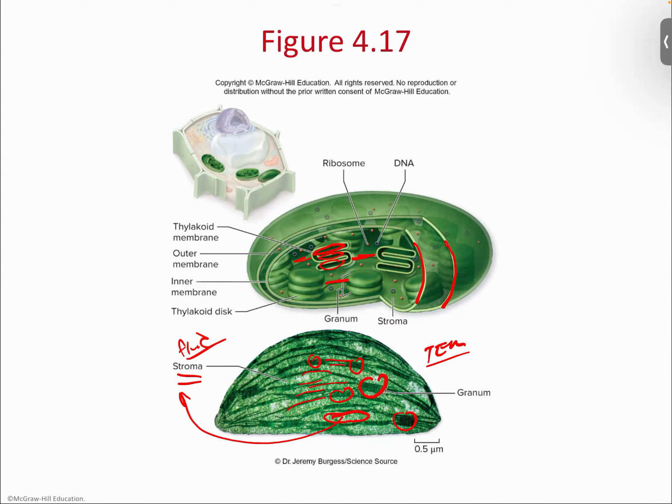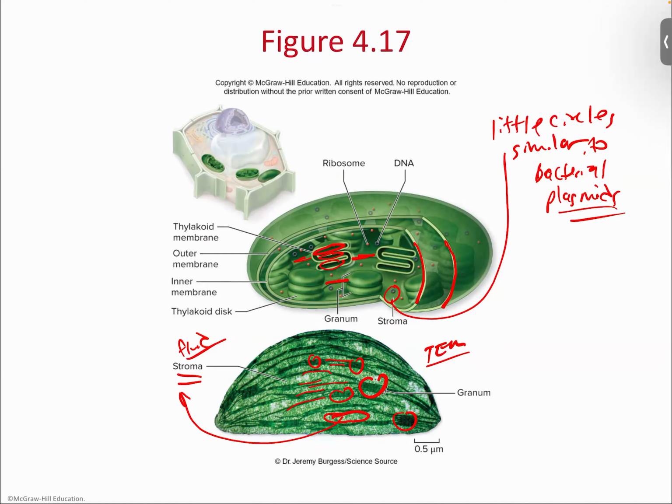And they reminded us of something. They reminded us of bacterial plasmids. So what you were missing was the nucleoid DNA, the main DNA genome of a bacteria, but you still have these little rings of DNA.